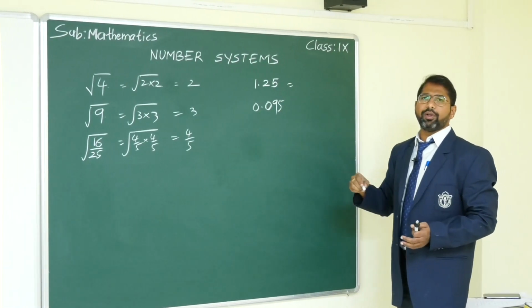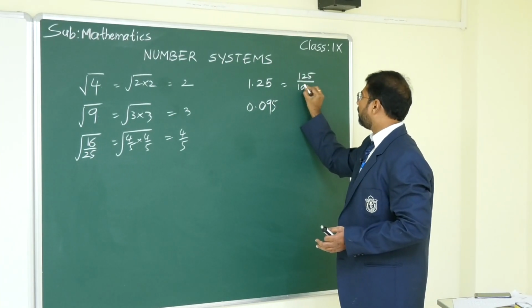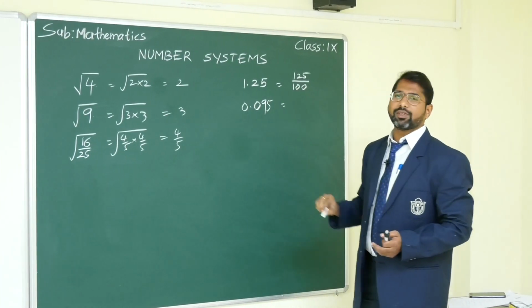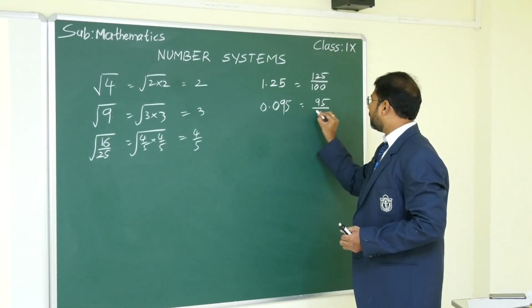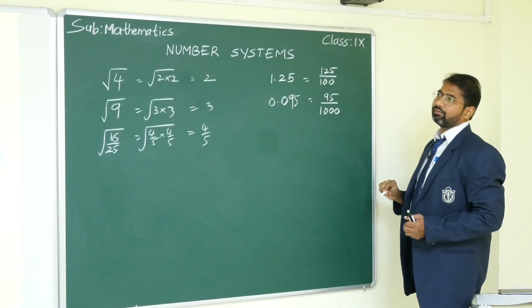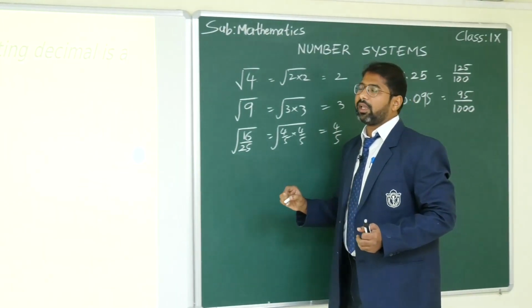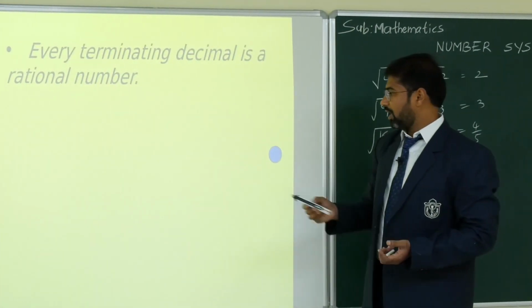I can write 1.25 as 125 by 100 and 0.095 as 95 by 1000, which are in P by Q form. So we can say every terminating decimal is a rational number.